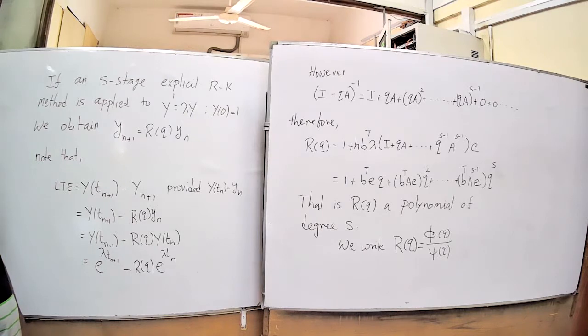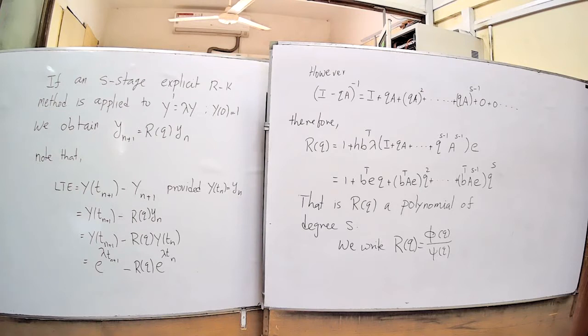But you all know the local truncation error is defined as the real solution at t_{n+1} minus the computed solution at t_{n+1}, whenever at the previous steps the real value and the computed value are the same. Right?